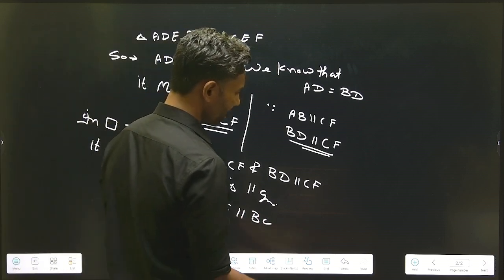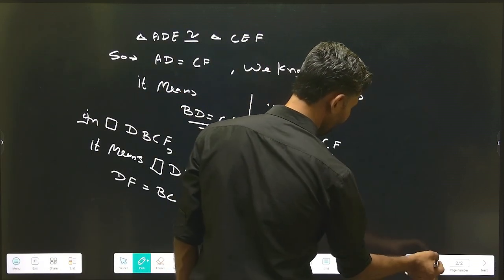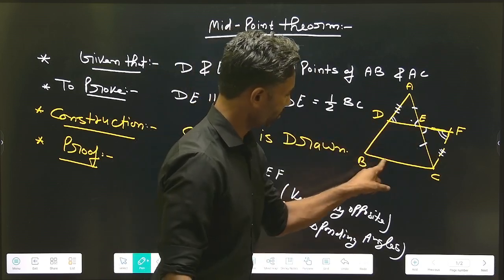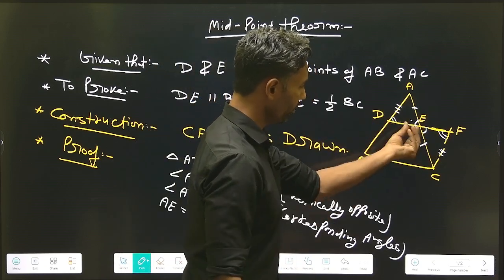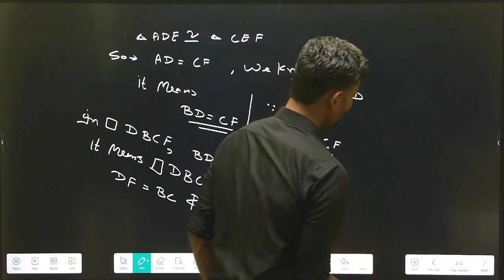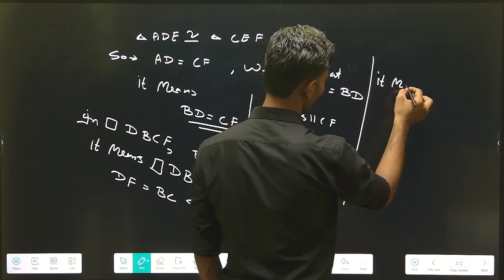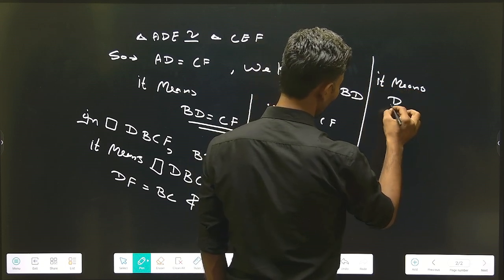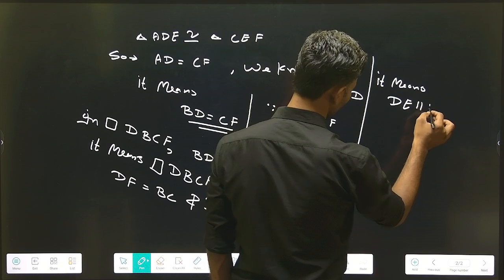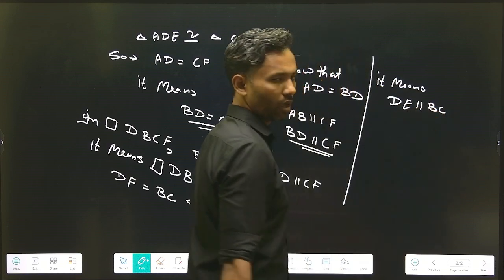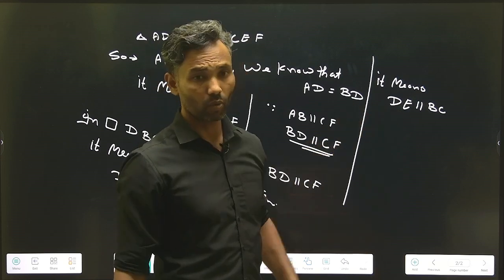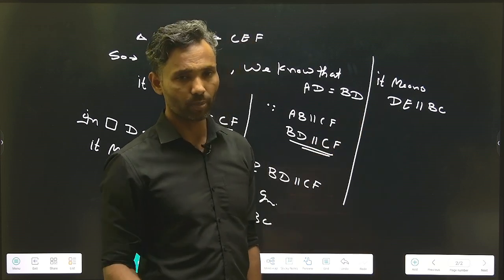DF parallel to BC, so we can say that DE is parallel to BC. So one result is already proved, DE parallel to BC.